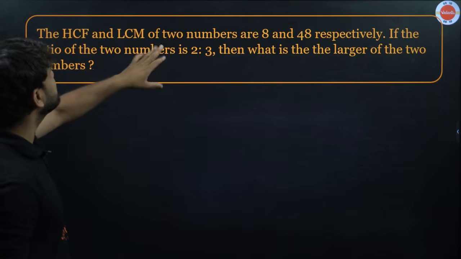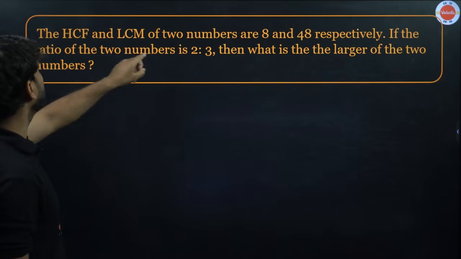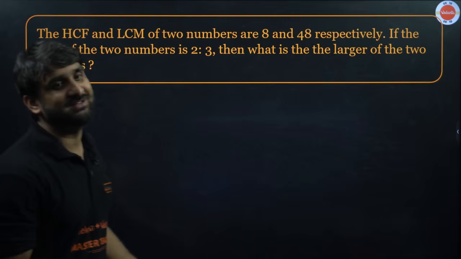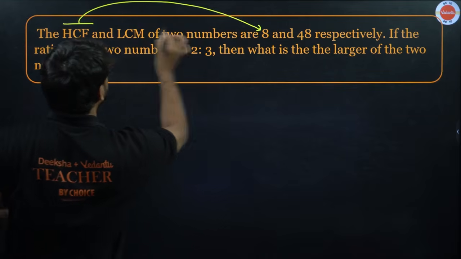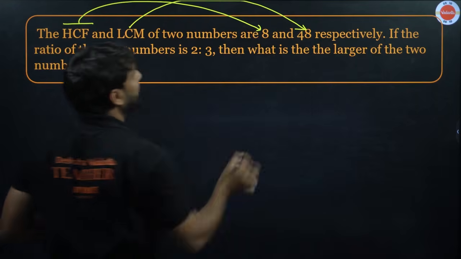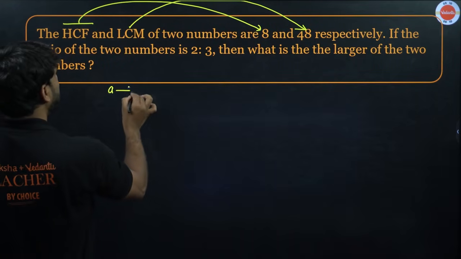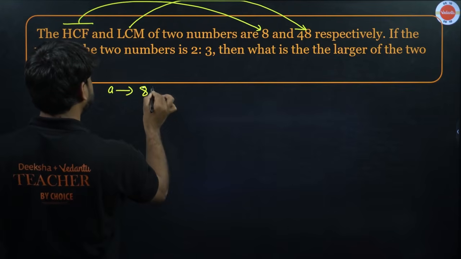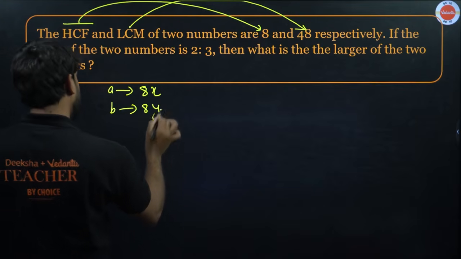The HCF and LCM of 2 numbers are 8 and 48 respectively. If the ratio of the 2 numbers is 2:3, then what is the larger of the 2 numbers? Very easy question. Listen, if HCF is 8 and LCM is 48, the first number will be 8x and the second number will be 8y. I hope nothing is challenging till here.